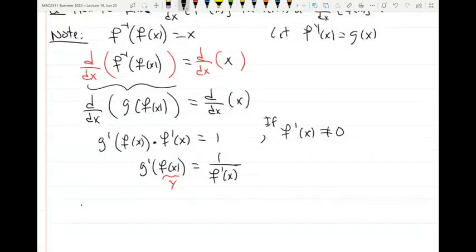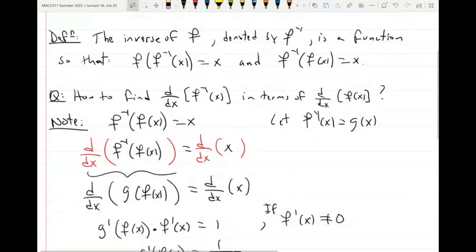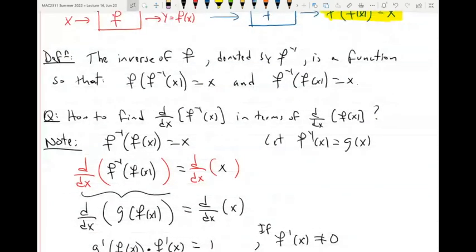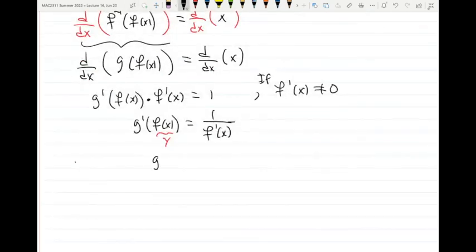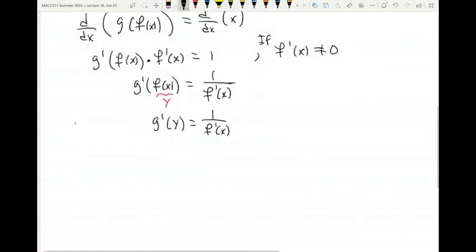Okay. Remember, y equals f of x. So that's y. So what we got here is that g prime of y equals 1 over f prime of x.